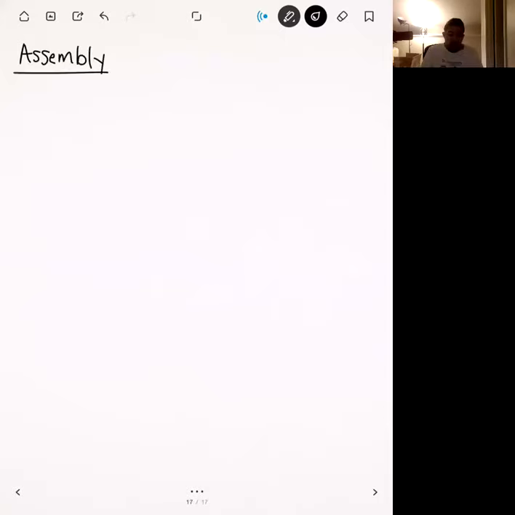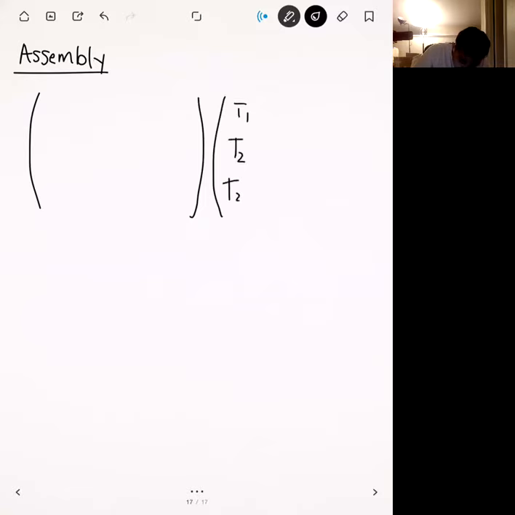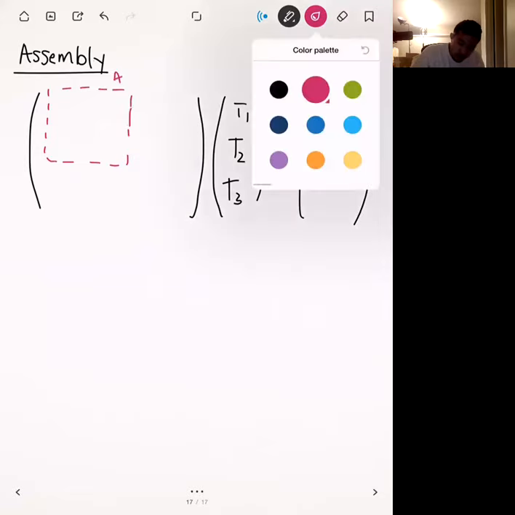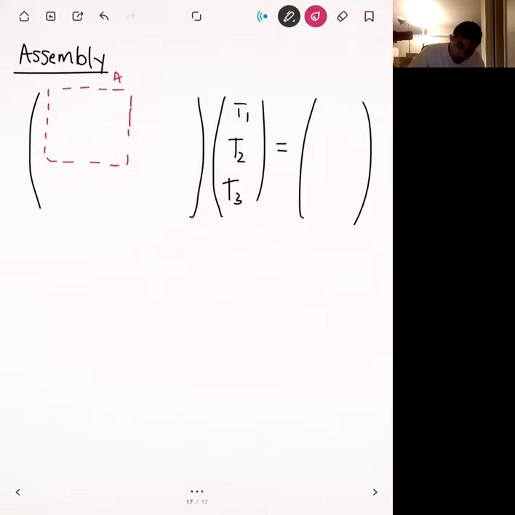All right. And so for assembly, in this case, we're going to have a 3 by 3 matrix. And then we're going to fill in the contributions from elements A and B in the exact same way that we did before. And so we're going to draw out a box here for element A. So we have to do the contributions over here too.